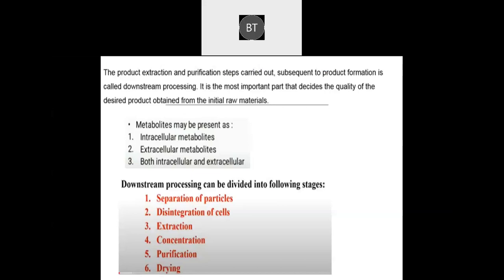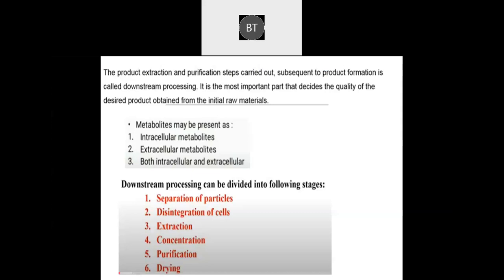Now, if we consider microorganisms, the microorganism metabolites are the products which are useful to us. These metabolites can be produced by the microorganism intracellularly or extracellularly.